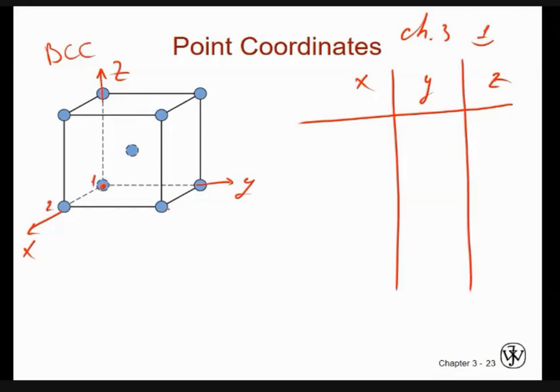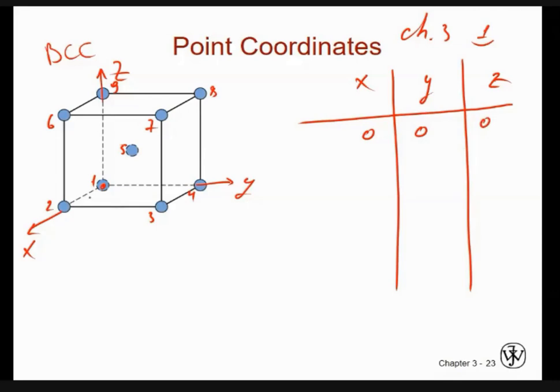And let me number these atoms. 1, 2, 3, 4, 5, 6, 7, 8, 9 atoms in total. So what will be the point coordinates for this one at the origin? It will be 0, 0, 0, isn't it?